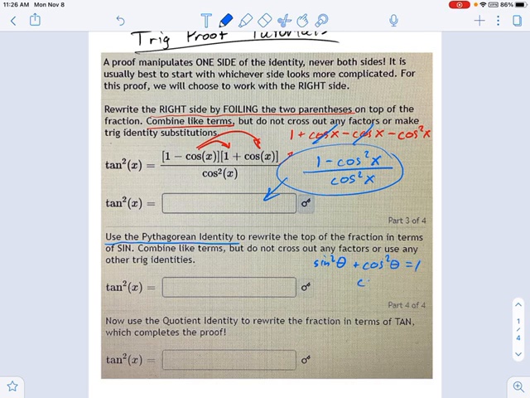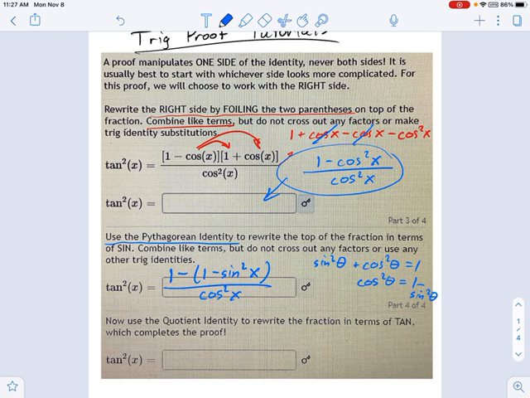Well, that's the same as saying cosine squared equals 1 minus sine squared, right? Same thing. So let's take the previous answer and rewrite it now. 1 minus, instead of cosine squared, I'm going to have 1 minus sine squared. I'm using x's in this example, so we'll just keep doing that. And that's all over cosine squared x.